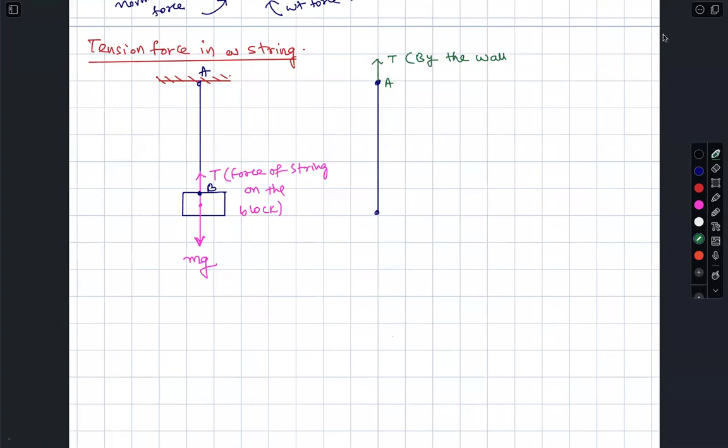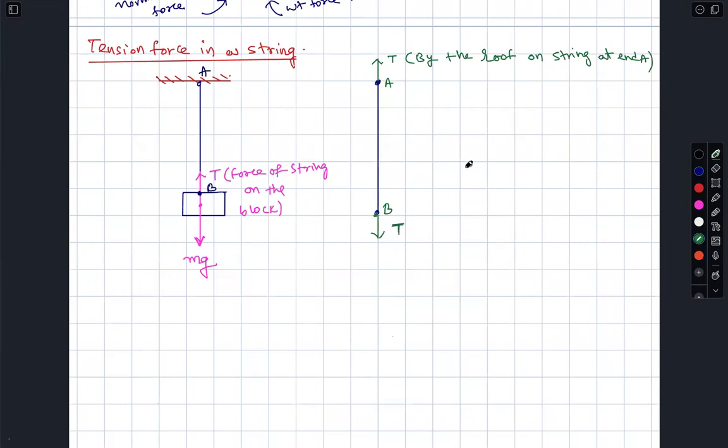I'll later use the word roof. By the roof on string at end A. Similarly, the block will also pull the string at B downwards by a force.